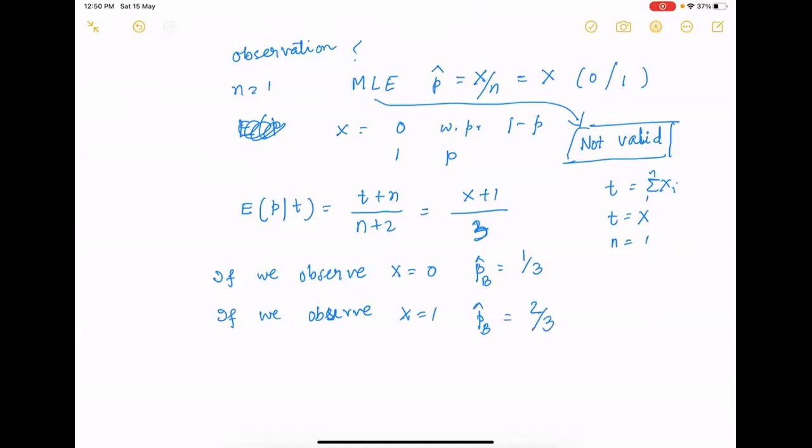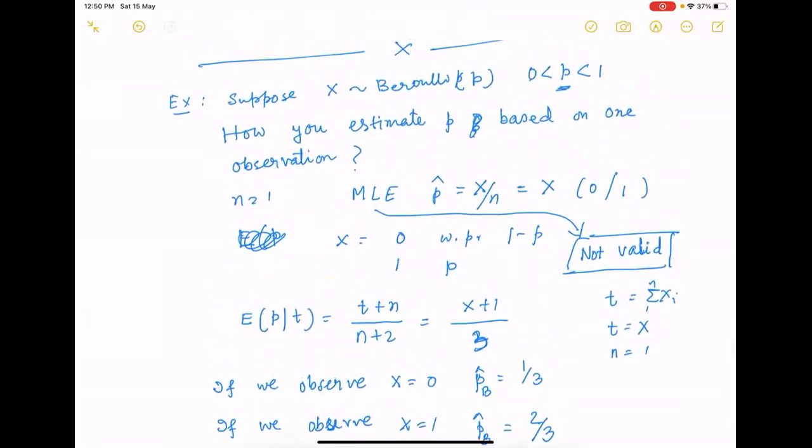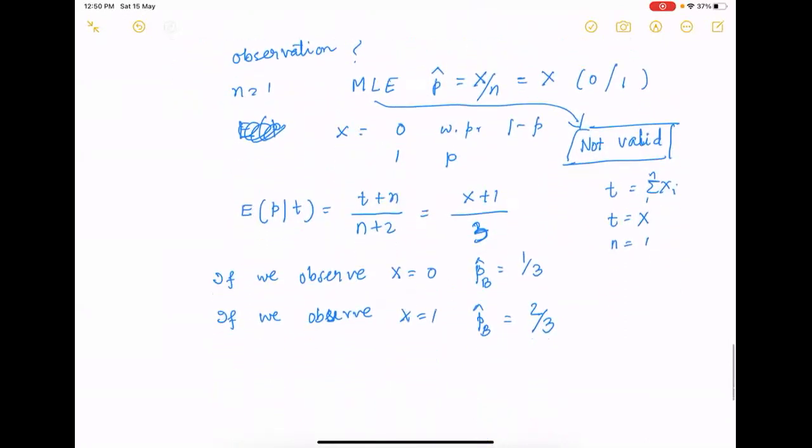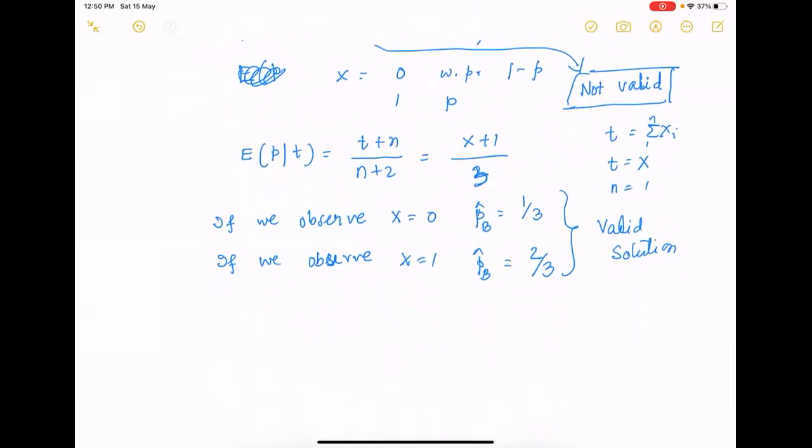Both are in the feasible range of P. So the Bayes estimate is a valid solution, but the likelihood turns out to be not a valid solution. So it's a sort of corner problem. It's a very small toy problem, but it's an interesting argument that was developed when the theory got developed.